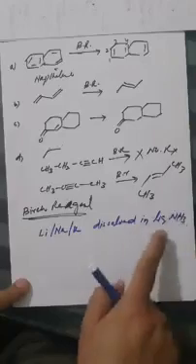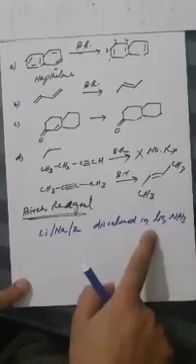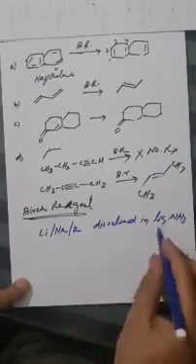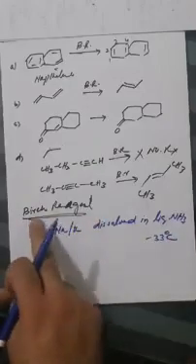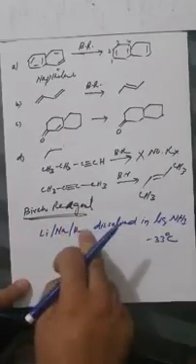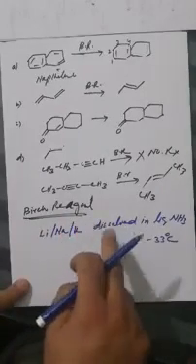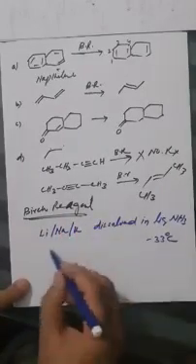You know, ammonia is liquefied at minus 33 degrees Celsius. So it means that this Birch reaction is carried out at very low temperature.